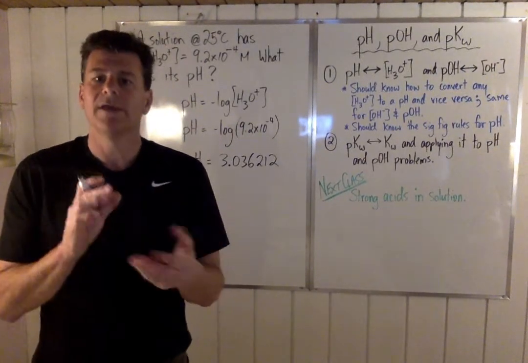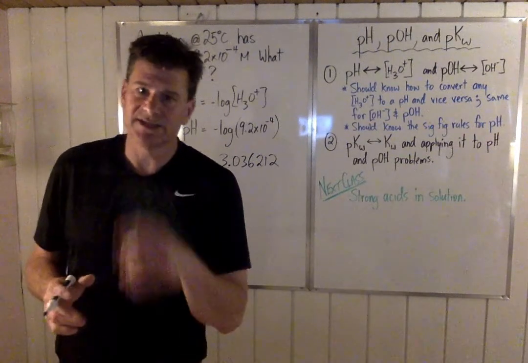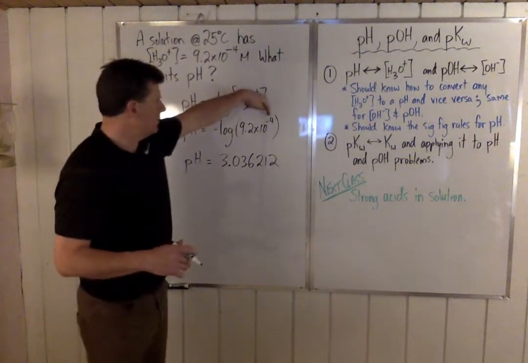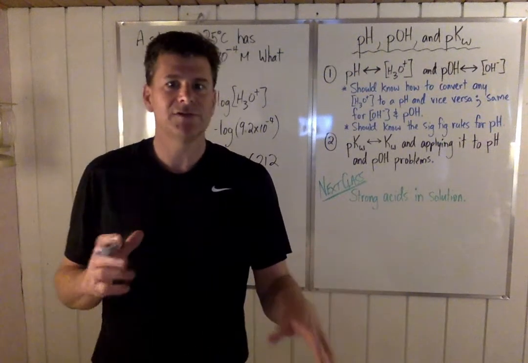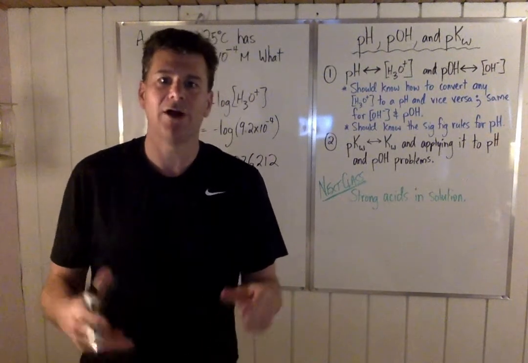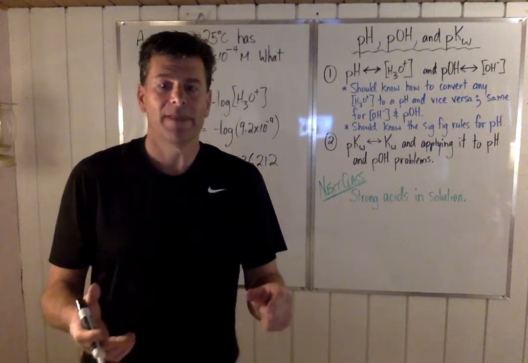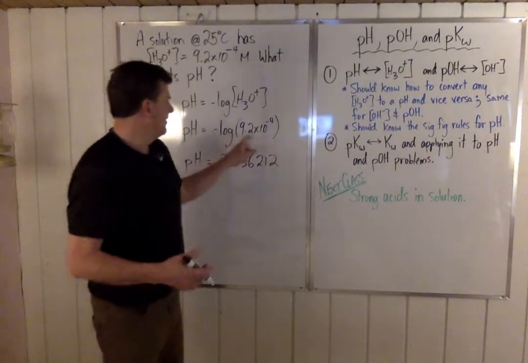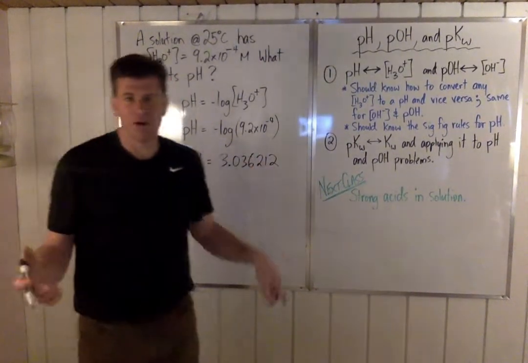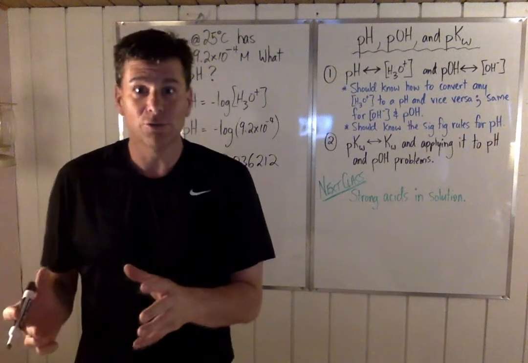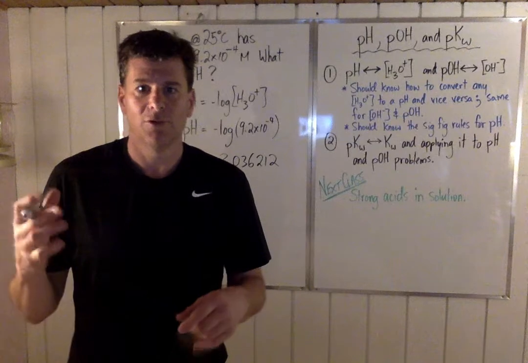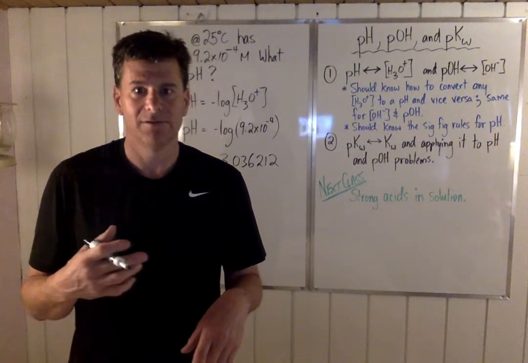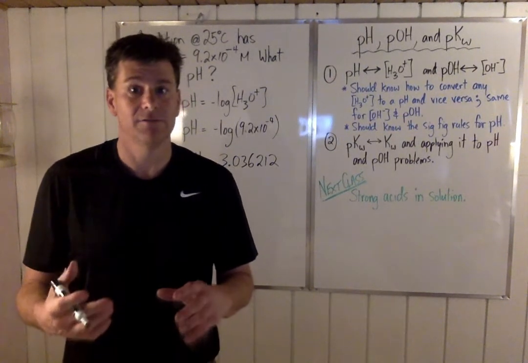Okay, cool. The other thing that you should be paying attention to is the exponent right here, that negative 4 on the molarity, gives you some indication. It should be around pH of 4, right? 9.2 times 10 to the negative 4. 9.2 is almost up to 1 times 10 to the negative 3.